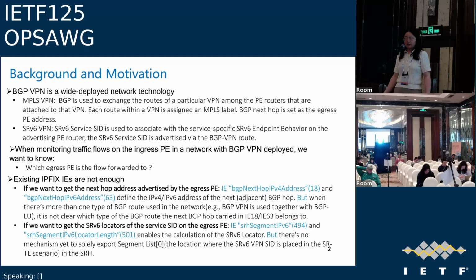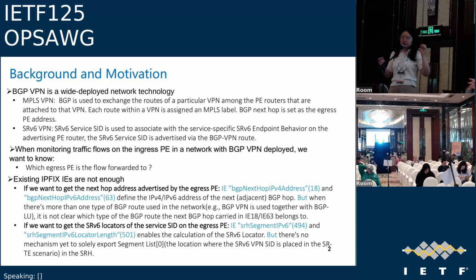For SRv6 VPN, it is kind of similar, but the VPN service is related with an SRv6 service SID, and also the next hop is set as the egress PE address. So when we are monitoring the traffic flows on the ingress PE in a network with BGP VPN deployed, we want to know which egress PE the flow is forwarded to.